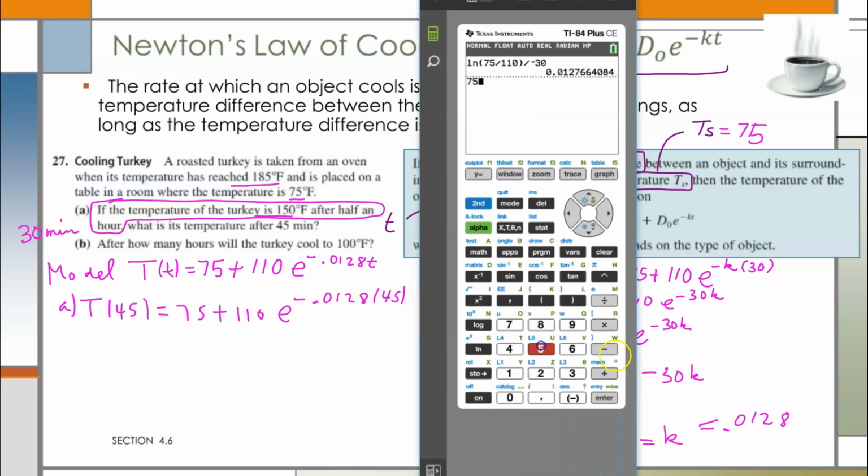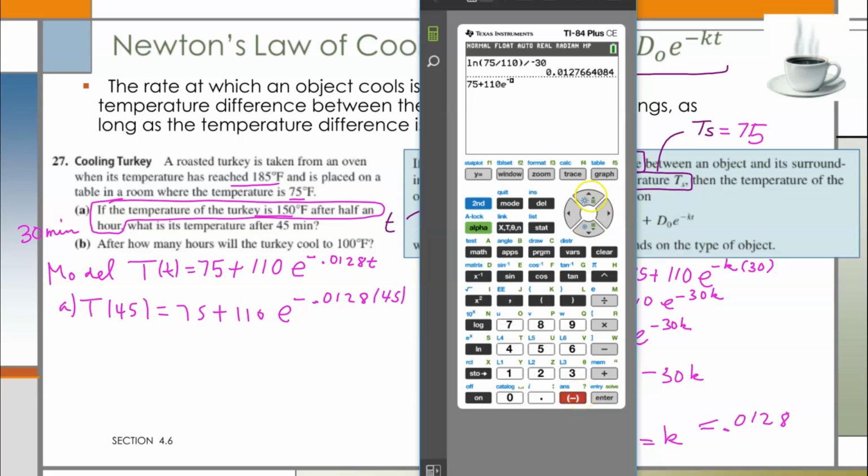Now here, the earlier you round, the further off your answers are in the end. So if I don't want to type all this in, on some calculators you hit second enter, that takes you to ANS, last answer displayed.